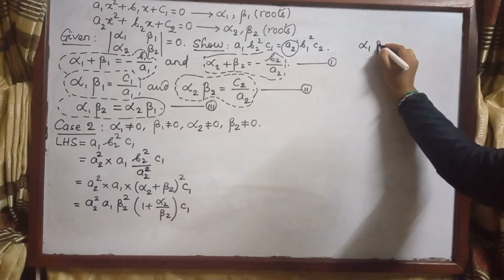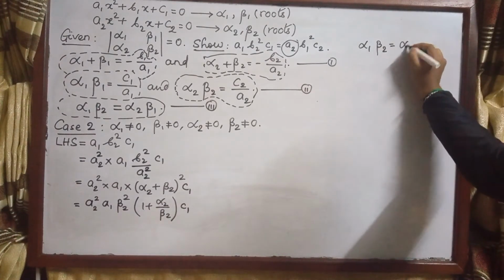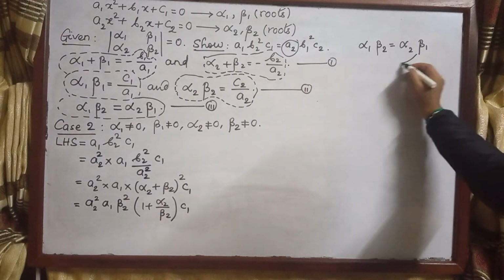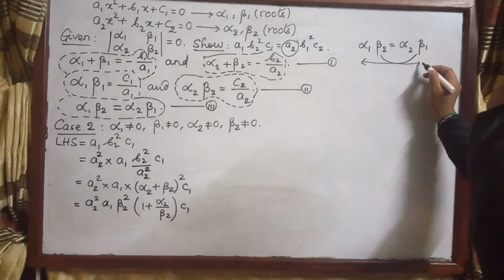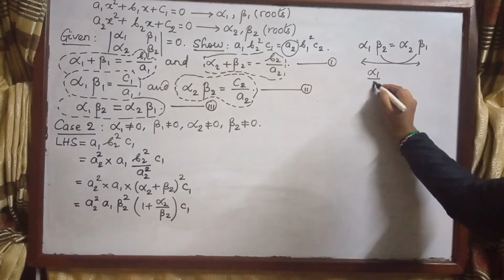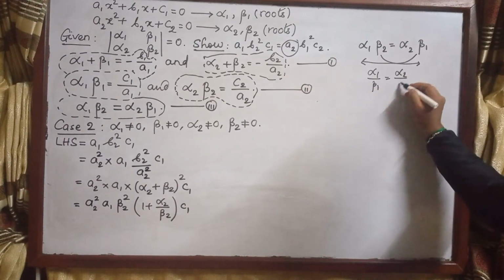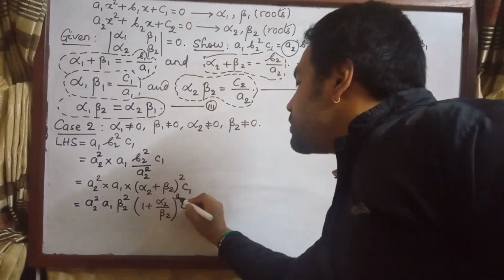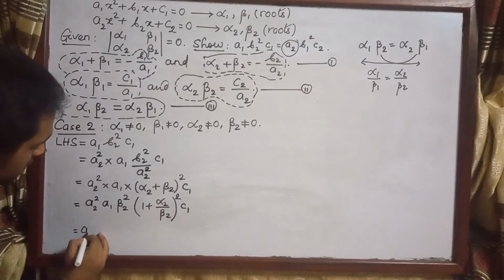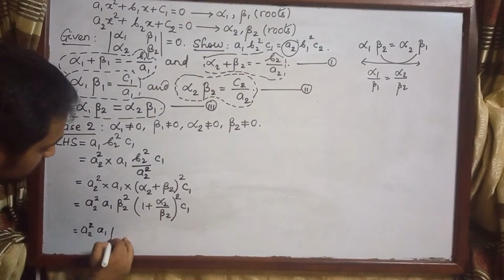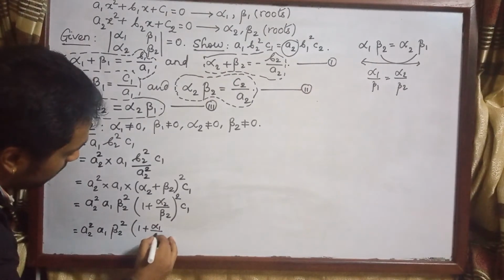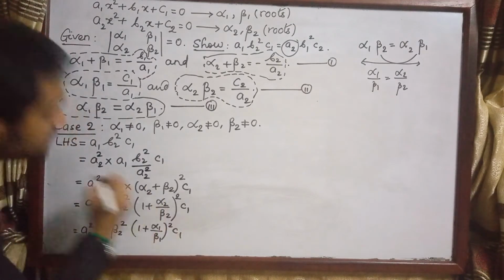Alpha 1 beta 2 is equal to alpha 2 beta 1. Now let's take beta 1 over here and beta 2 over here. We're going to get alpha 1 over beta 1 is equal to alpha 2 over beta 2. So we can write this as a2 squared a1 b2 beta 2 squared 1 plus alpha 1 over beta 1 whole squared times c1.